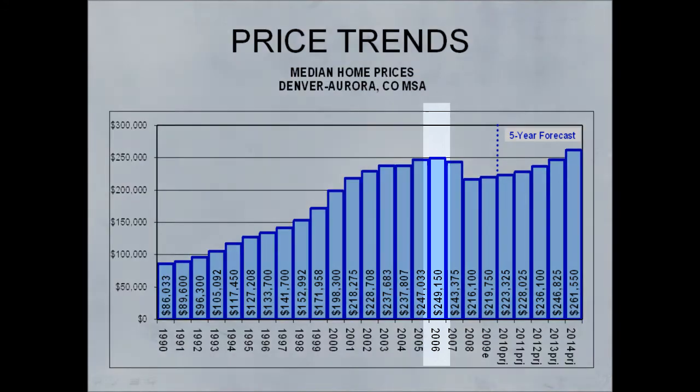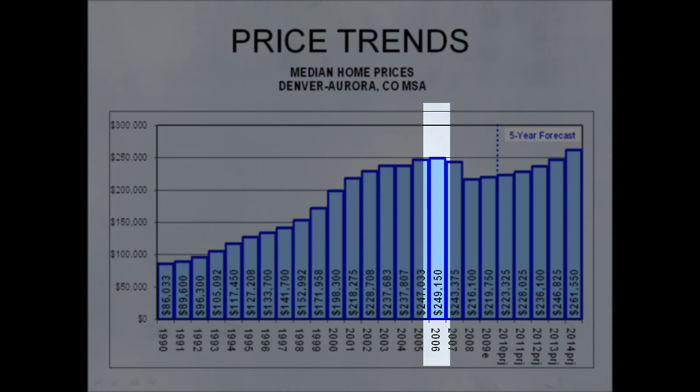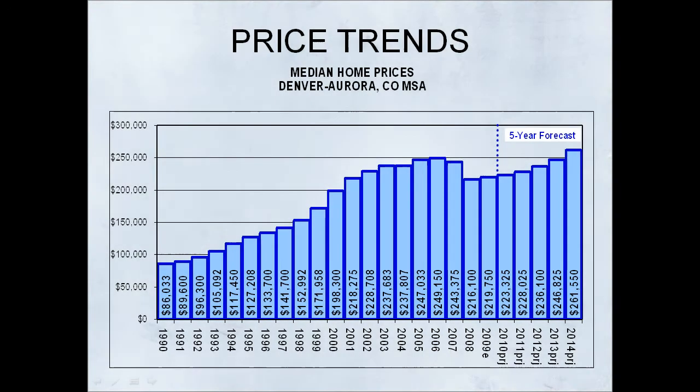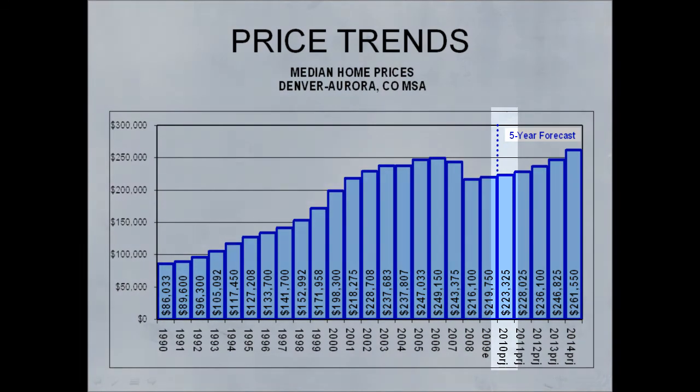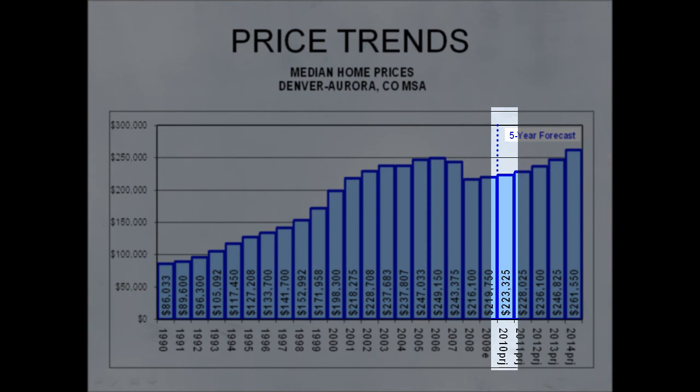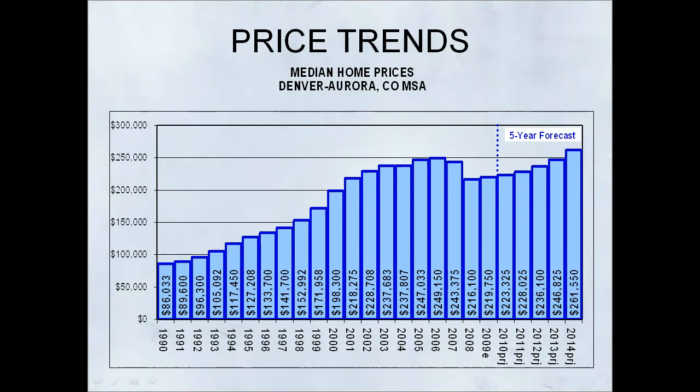As you can see, prices peaked out in 2006. That's pretty similar to many markets in the West. Varies a little bit from year to year, but not that much in most places. By 2010, we're down from 249 to 223, somewhere between year 2000, year 2001, year 2002 prices.